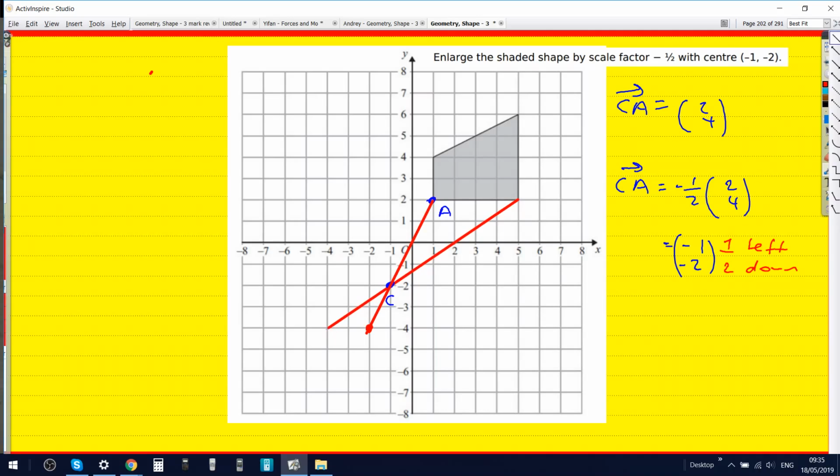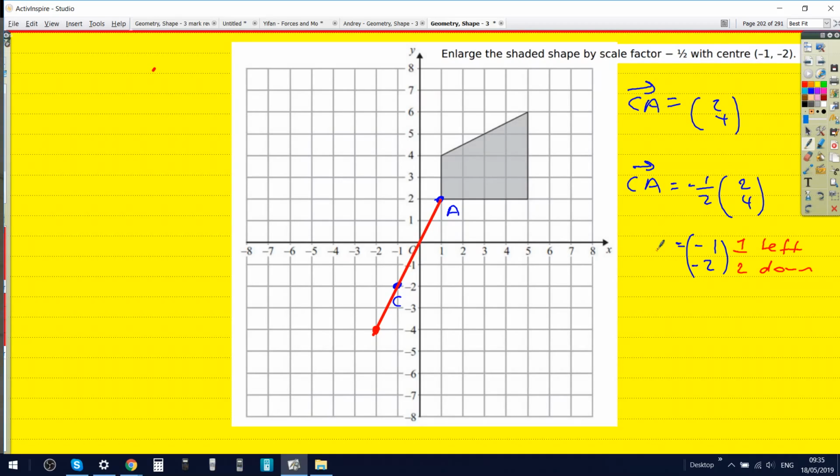Or would you just have to do vectors for everything? Is there a quicker way with the ruler? So the center is there and the scale factor is -0.5. Okay, so what would be the... Sorry, go on. I think just do all of them like the way you did that point. Okay.